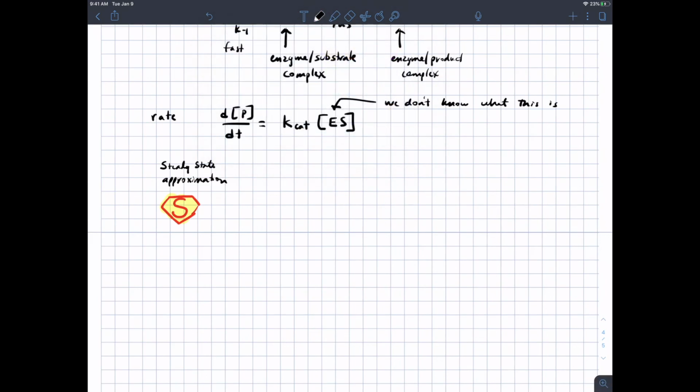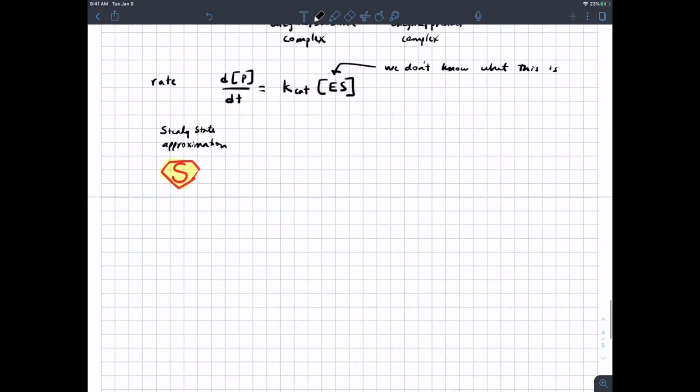I always do in undergrad class. But anyway, superhero steady state approximation. We're going to say that the concentration of enzyme substrate at any given time is small because the enzyme is a catalyst, and therefore the change in the concentration must necessarily be small.